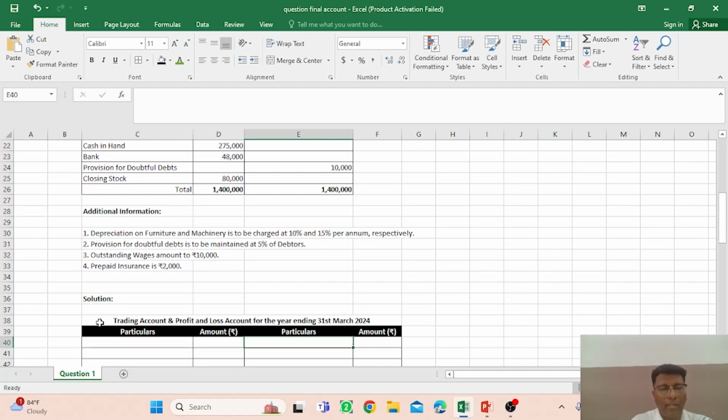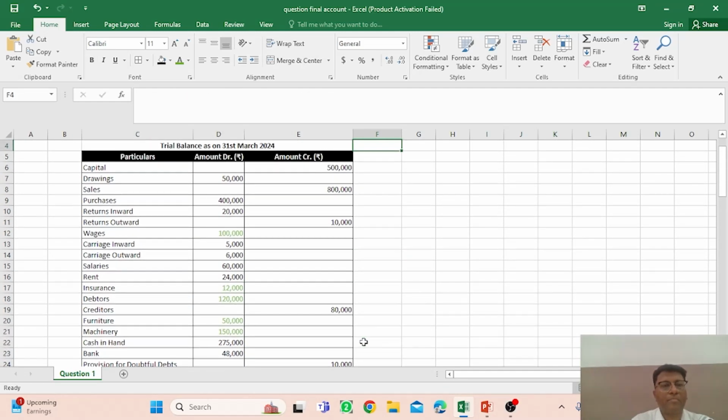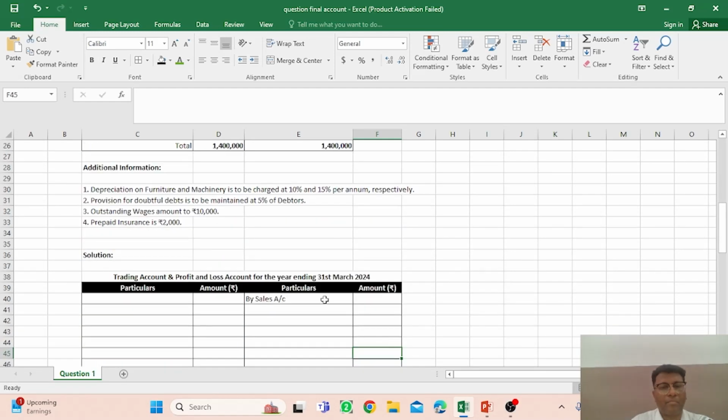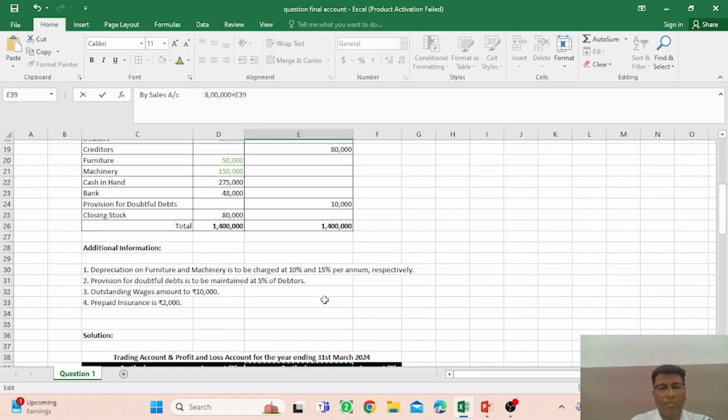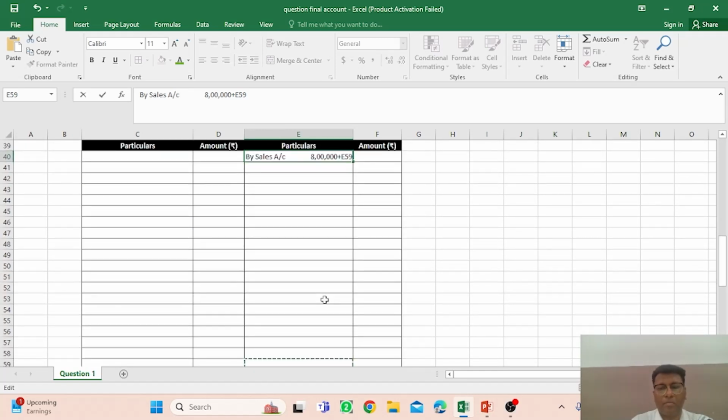So in the trading account, on the credit side, by sales account, that is 8 lakh. Rupees 8 lakh.